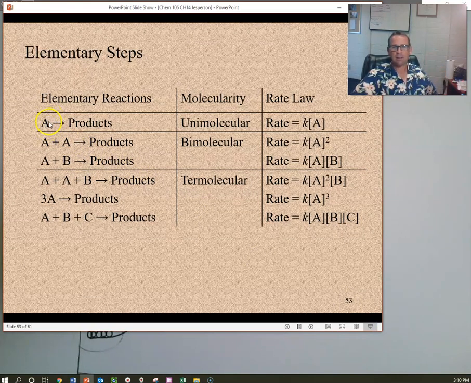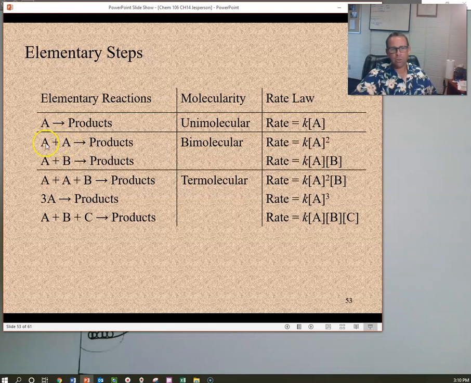If A produces products, so we have some chemical, just one, and it just decomposes. The word decompose there means that this thing does it all by itself. There's nothing else to react with, no collisions. This can be called a unimolecular reaction, right? Because it's just one thing that's doing the process, or doing the reacting.